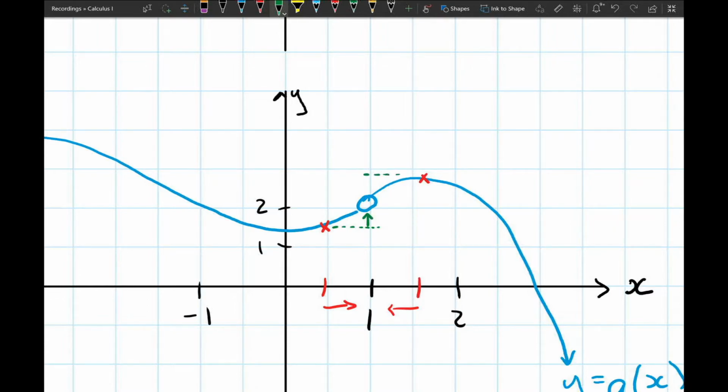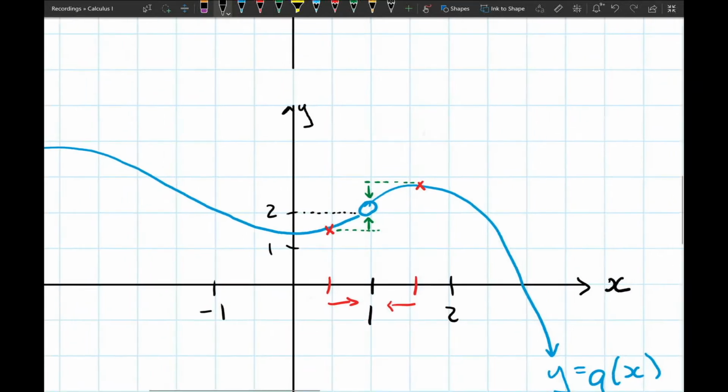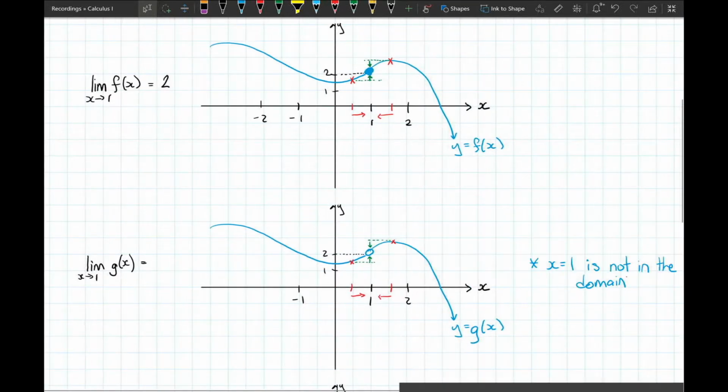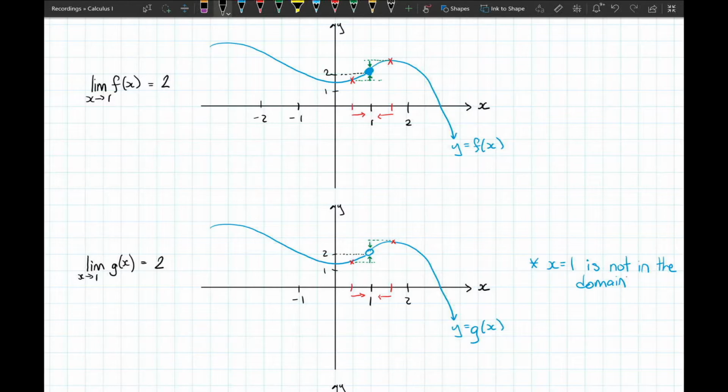And coming from the right, heading towards the left-hand side as x approaches 1, these y-coordinates would be decreasing, slowly converging on the coordinate y equals 2. So once again, the limit of g of x as x approaches 1 is 2. And it makes no difference whether this point is in the domain or not, because we're really just saying that we can make the y-coordinates arbitrarily close to 2 without actually having to get to equal to 2.